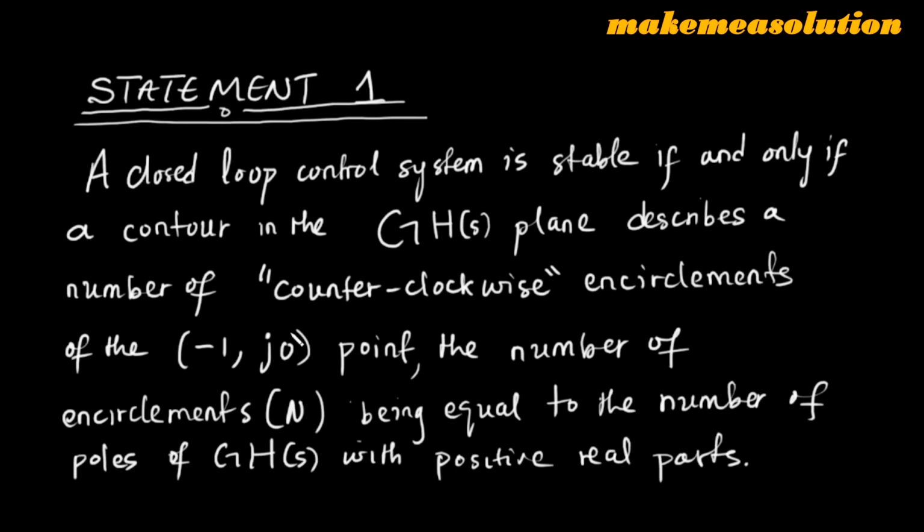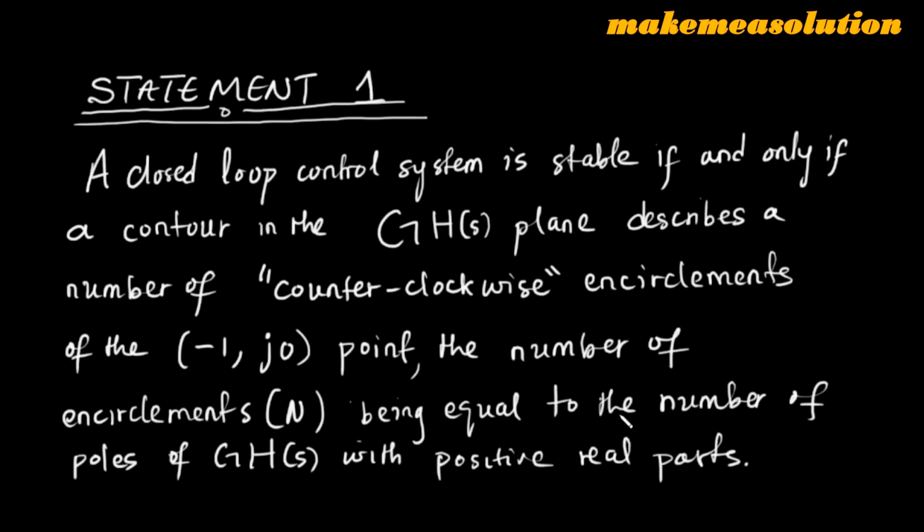So in statement 1, a closed loop control system is stable if and only if a contour in the G(s)H(s) plane describes the number of counterclockwise encirclements of the minus 1 comma j0 point, the number of encirclements N being equal to the number of poles with positive real parts. Let me break down statement 1 so that you understand.